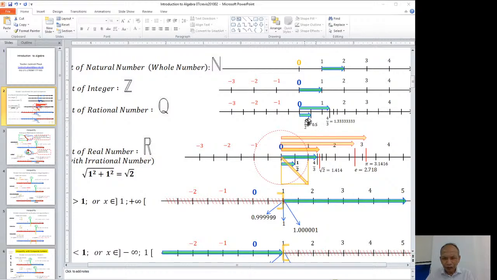So we have all other numbers inside the unit interval between 0 to 1.